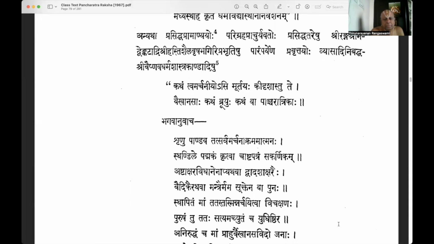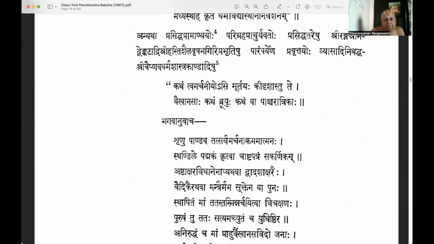Maybe it refers to Melkote. Yeah, Melkote. So these four temples: Sriranga, Srirangam, as all of us know, Srimad Venkatadri is Tirupati. Srihasti Shaila is Kanchipuram, because of the elephant mountain.